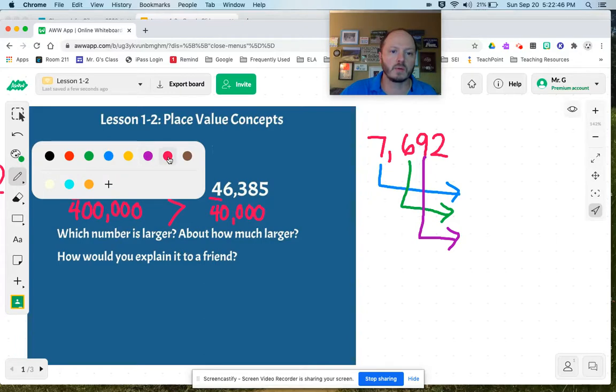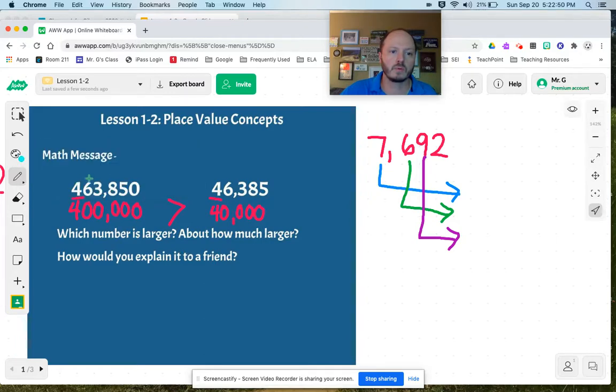How about turquoise for the 2 in the ones place? Okay. Oh, wait a minute. Let's try that again. There we go. Okay. Back to pen tool.